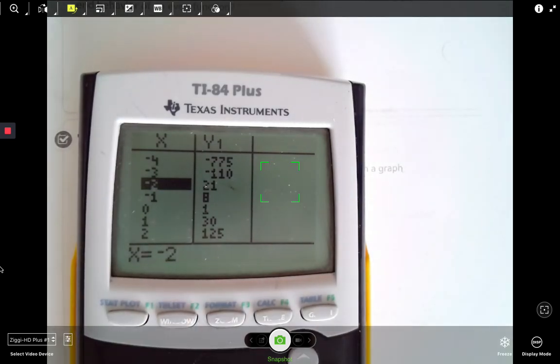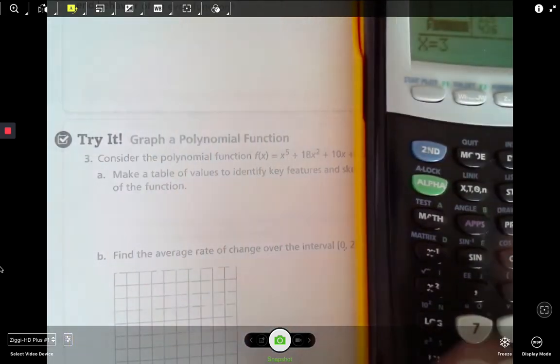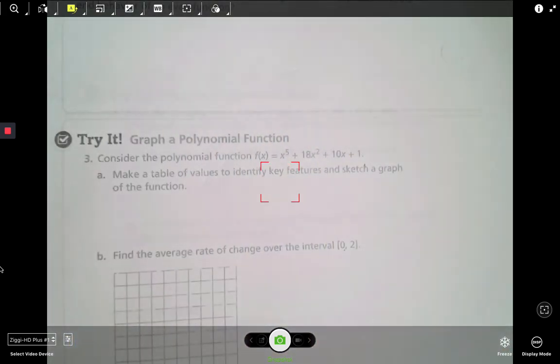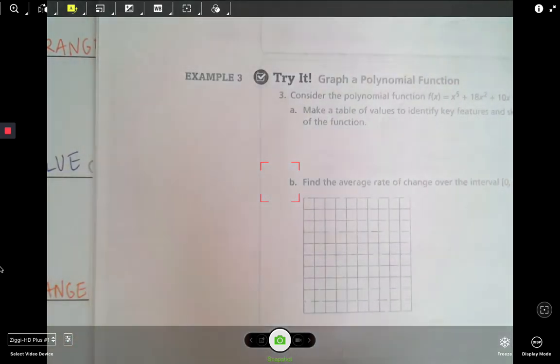I'm not sure why, but in the example in the textbook and in the example in this book, they started at -3 and stopped at +3. I know there's not very much room to draw a table, so if you want to, you have plenty of room to draw it over here.